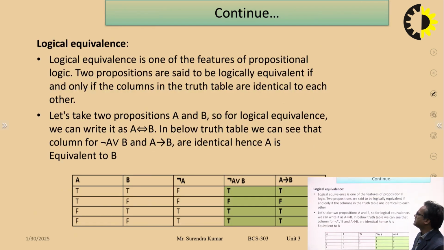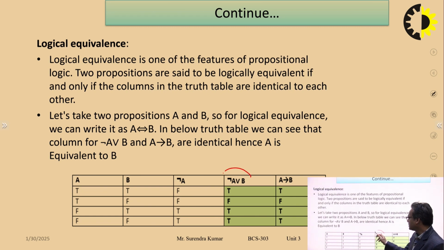So what is logical equivalence? Logical equivalence is one of the features of propositional logic. Two propositions are said to be logically equivalent if and only if the columns in their truth tables are identical to each other.